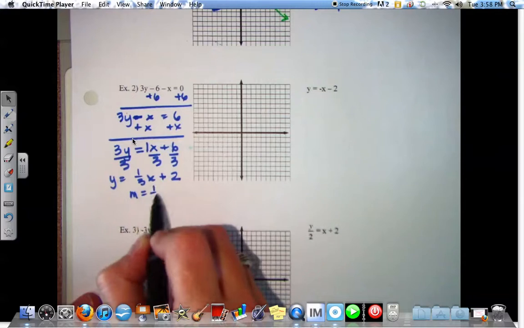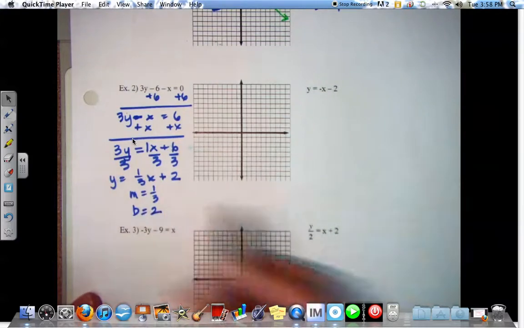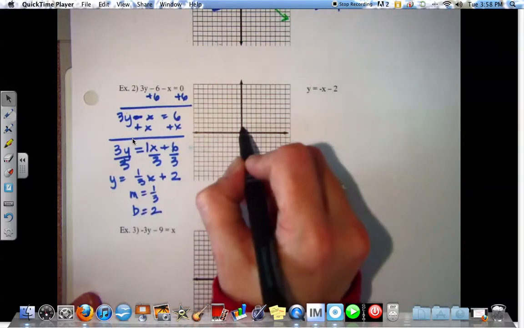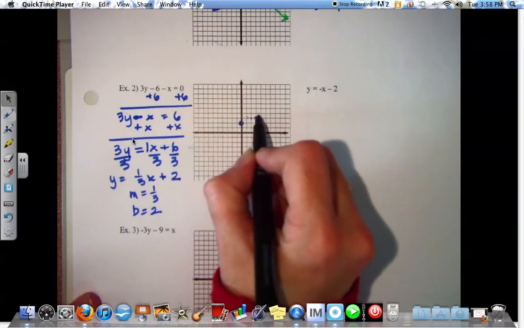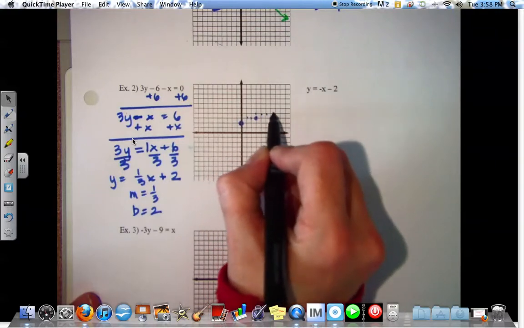Our slope is 1/3. Y-intercept is 2. So we start at 2, up 1, over 3, up 1, over 3.